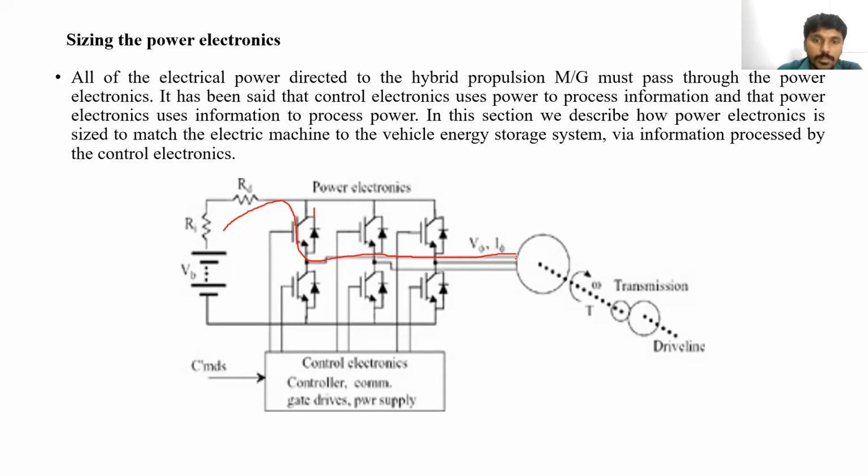And the power should leave through another winding, another phase. If the power enters through this phase, it should leave through another phase, for example, through the B phase.